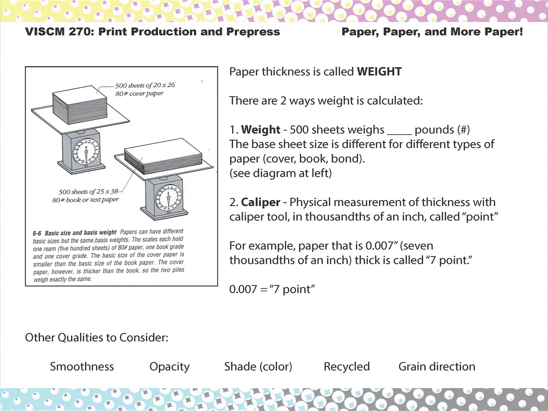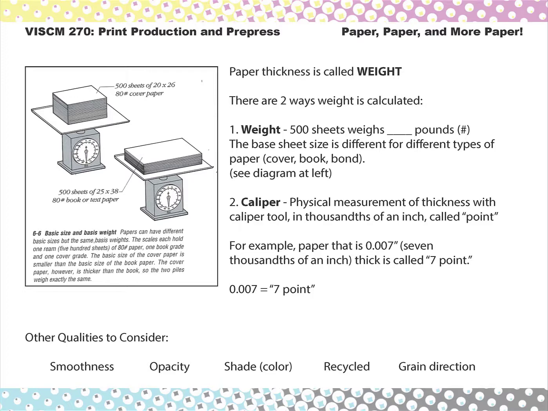Whatever that number is becomes the point value. So 7 thousandths of an inch is called 7-point paper. So yes, 10-point paper is thicker than 7-point paper. It's logical in both instances that the higher the number, the thicker the paper. But it's just good to know that you're going to hear both of these terms and to know what they're talking about.